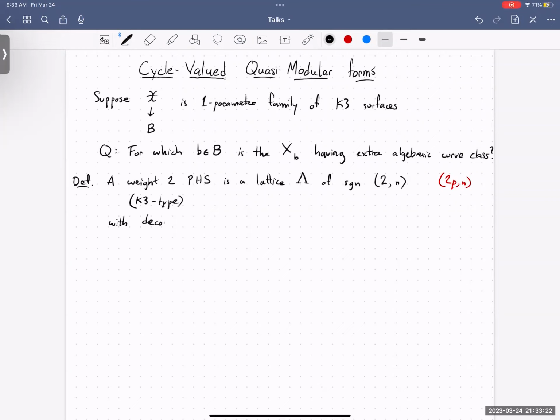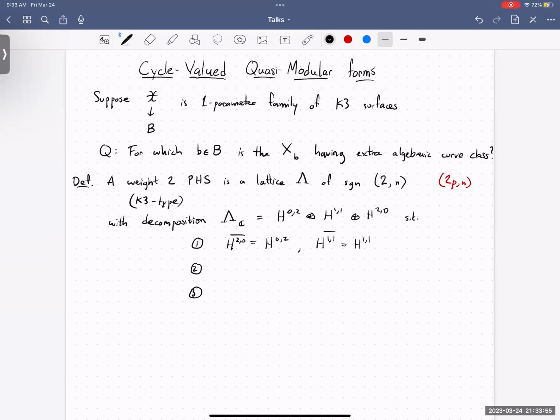With the decomposition of the complexification into a direct sum of 3 complex subspaces, such that there are 3 axioms that need to be satisfied. The first axiom is this conjugacy axiom: the conjugate of H^{2,0} is H^{0,2}, and the conjugate of H^{1,1} is H^{1,1}.